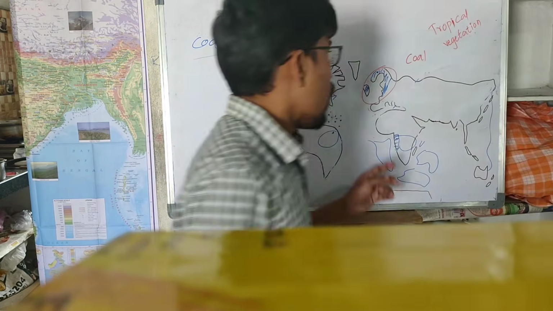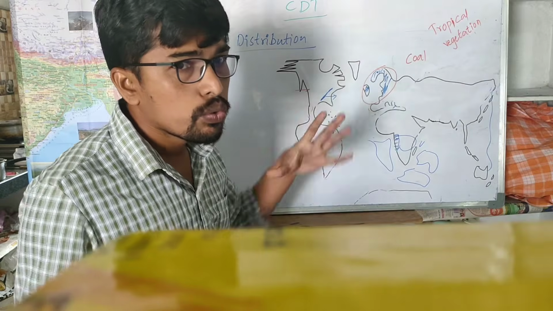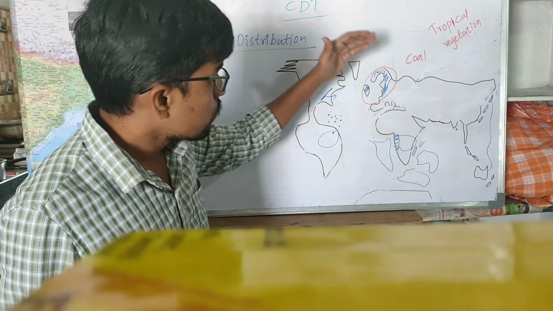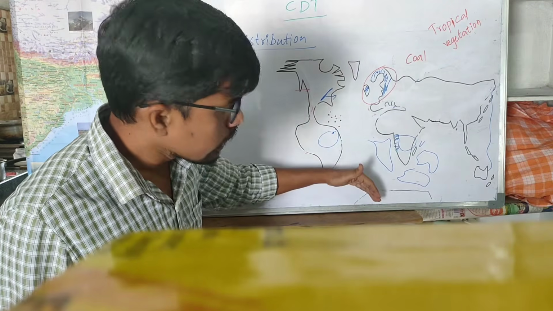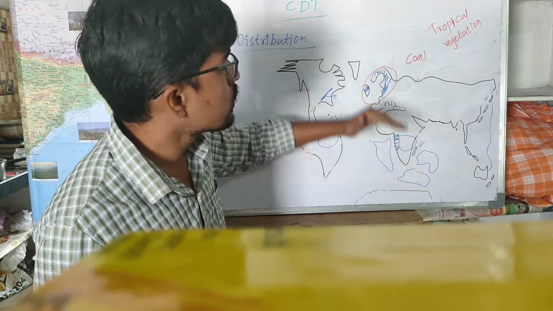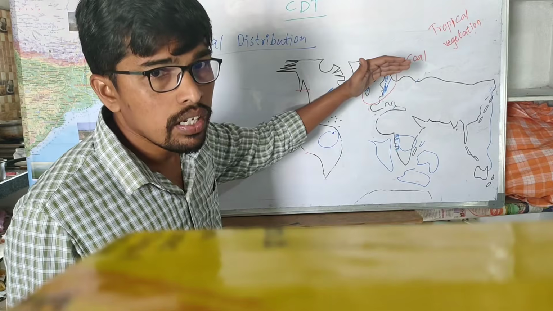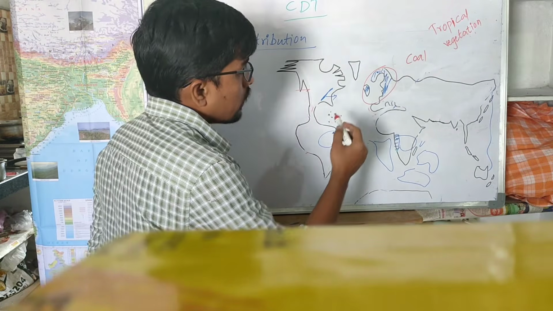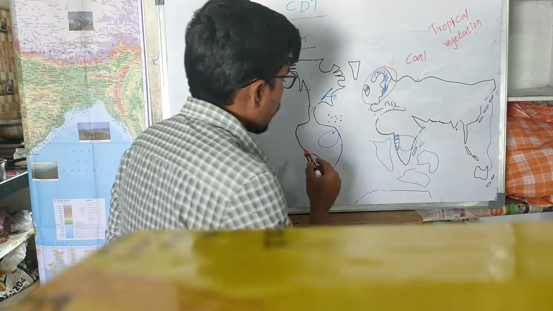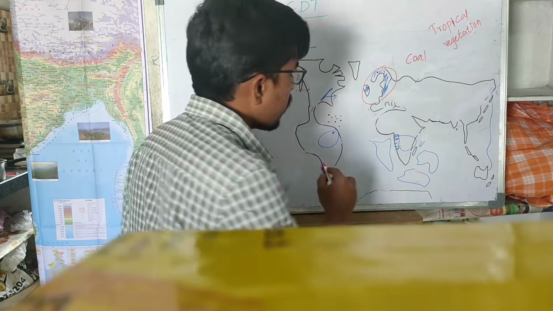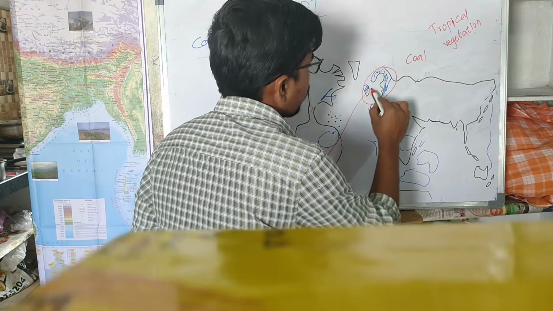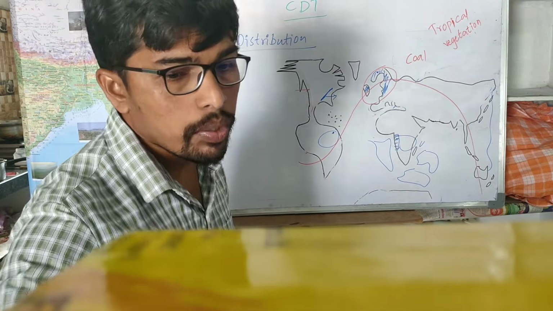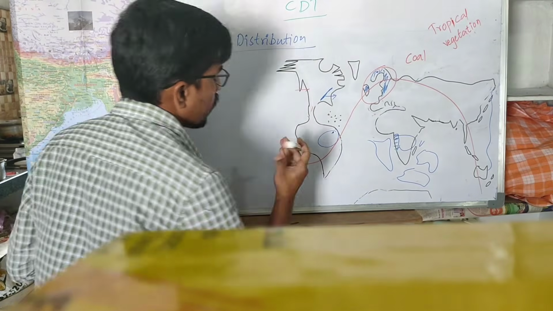How are they forming? They have huge coal deposits right now, which means, according to Wegener, that once they were in the southern hemisphere, and they started drifting towards the northern hemisphere. The present equator moves like this.